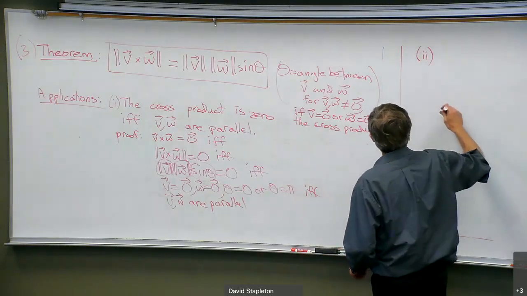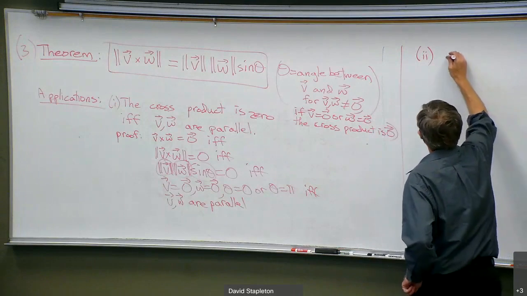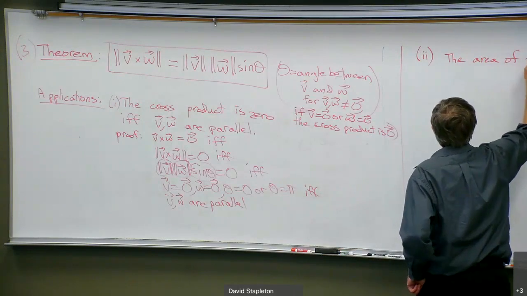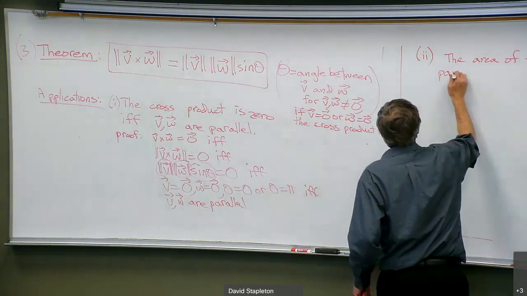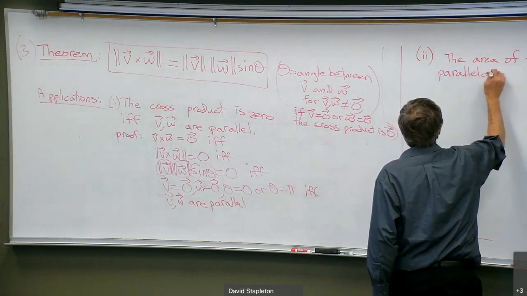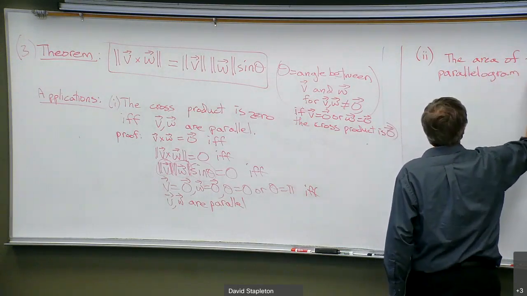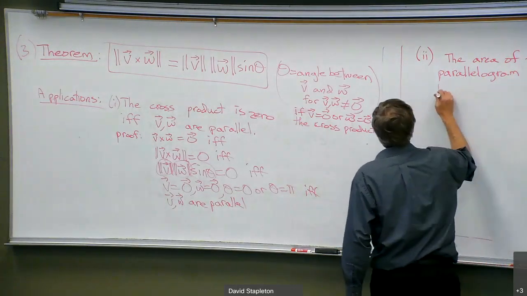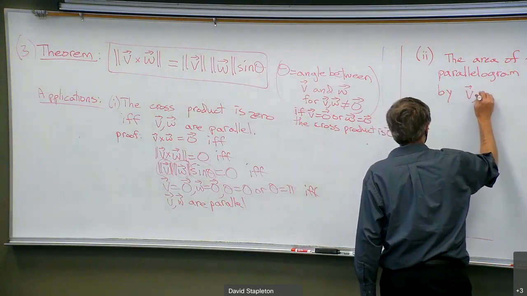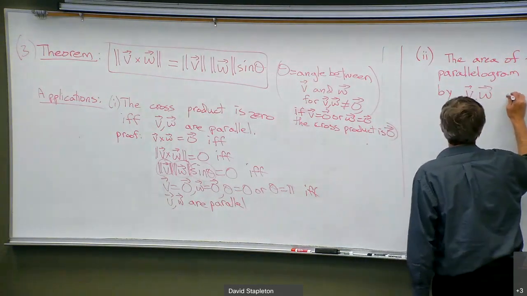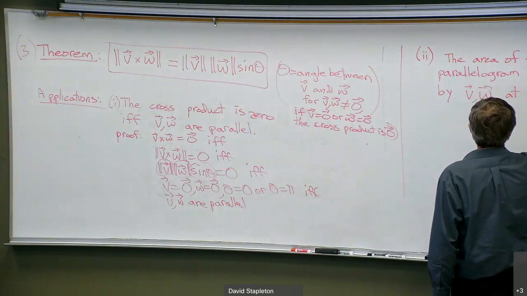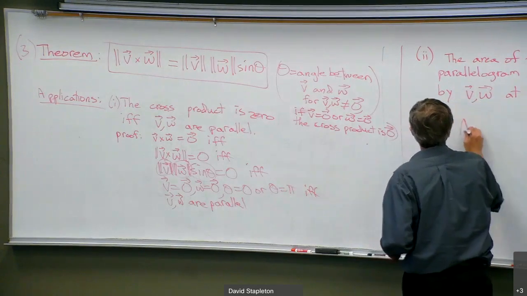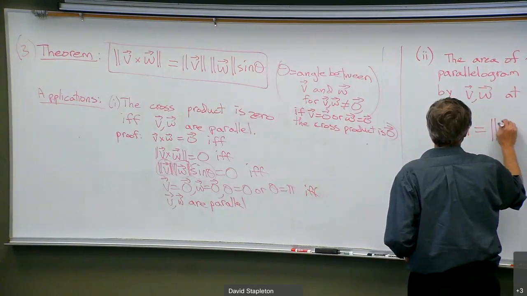Second interesting geometrical fact is if you have a parallelogram, the area of the parallelogram determined by vectors v and w at a given point P is basically the length of the cross product.